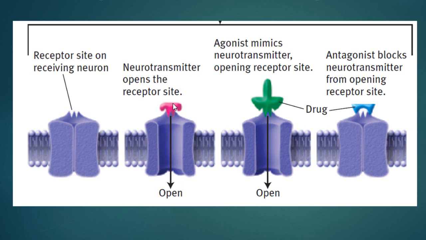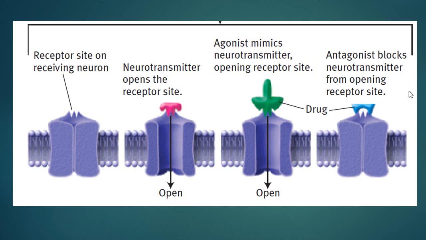So the serotonin neurotransmitter fits this lock perfectly. And once enough of them fit, then that neuron fires. So an agonist will look like it, close enough that it will fit that receptor site and make your brain believe it's actually that same neurotransmitter, even though it's a drug. So it causes those systems. So it's like an abundance of those neurotransmitters that you have.